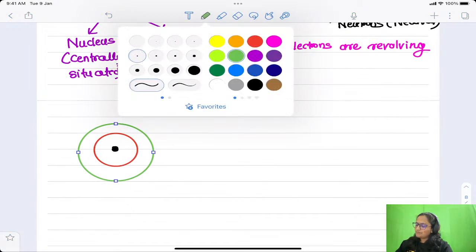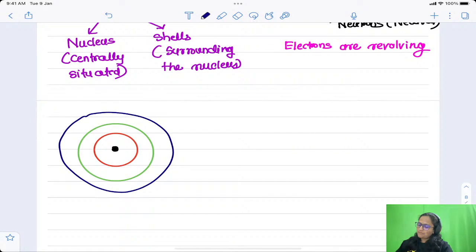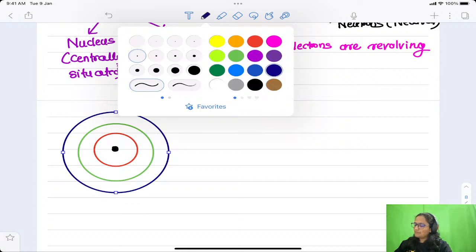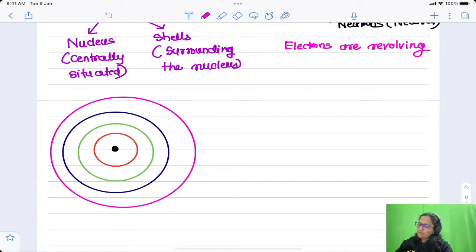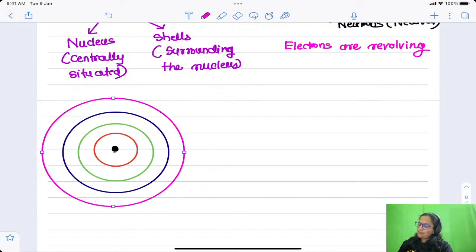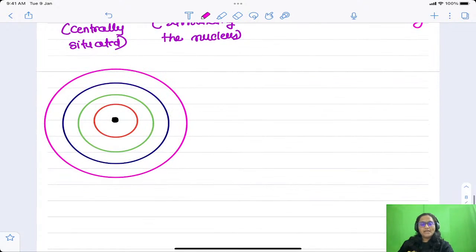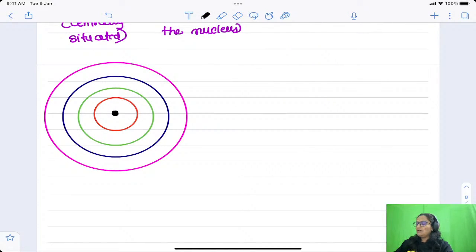Second one, third one, and fourth one. For the sake of understanding and to avoid crowding on the board, I am drawing only 4. But it's not like there are always 4 shells, there can be a different number of shells, more or less.